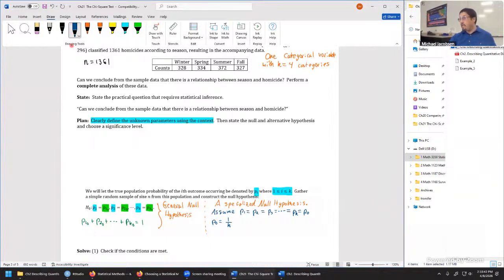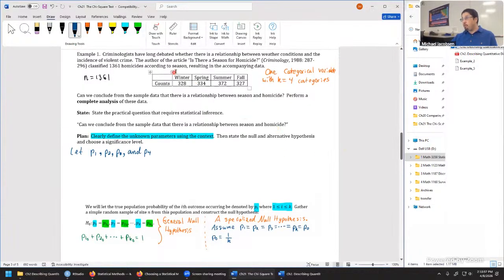So let's start by saying let P1, P2, P3, and K is 4 on this one, so P4, it's going to be a true proportion of something. The something is a homicide occurring according to one of those 4 categories, one of those seasons. So we have to mention what the categorical variable is all about, classifying homicides.